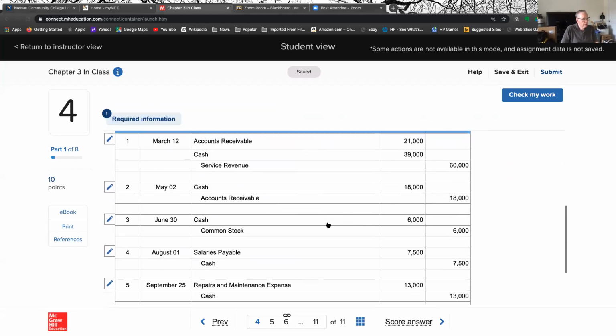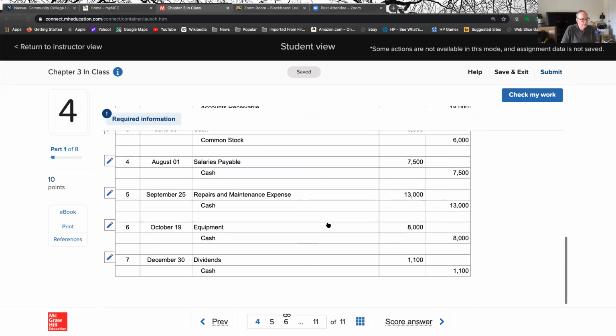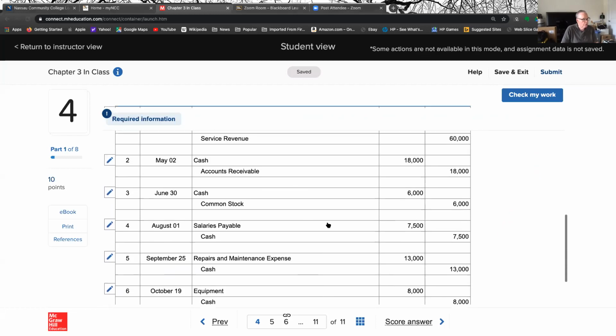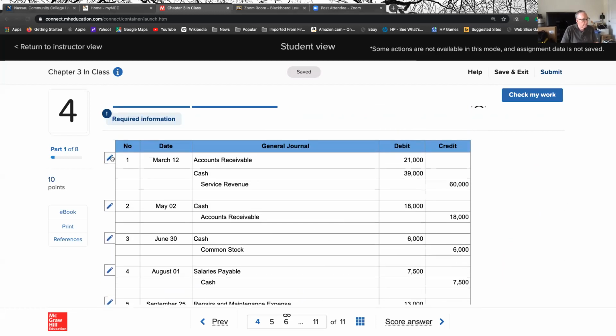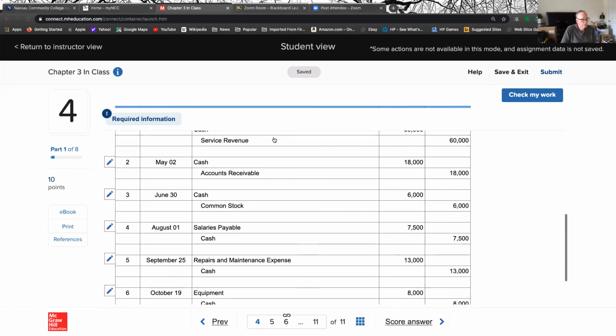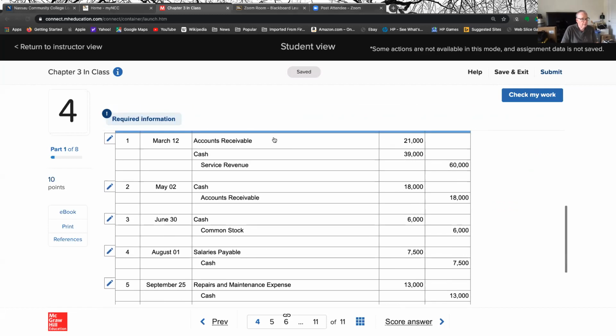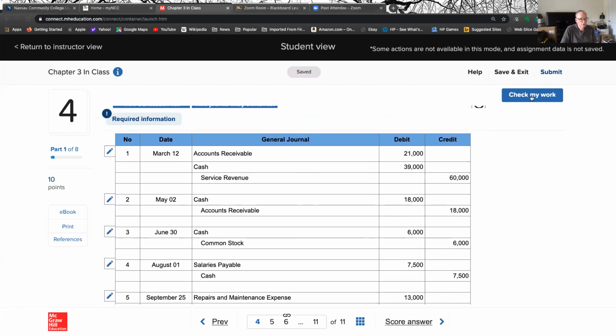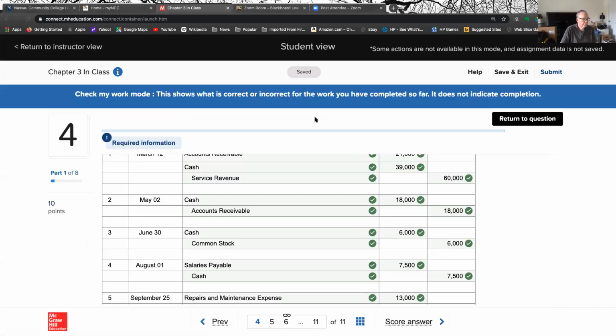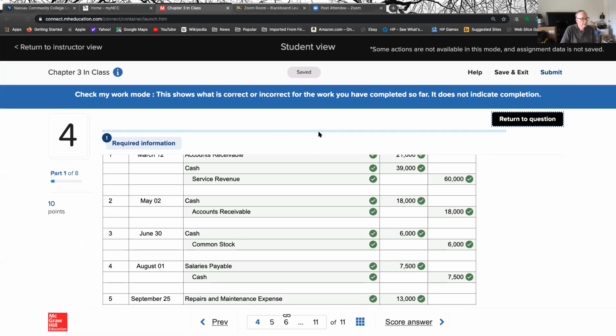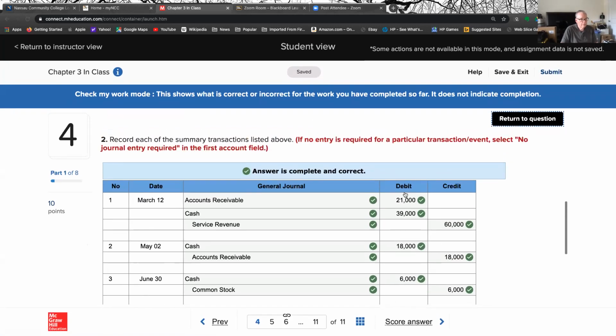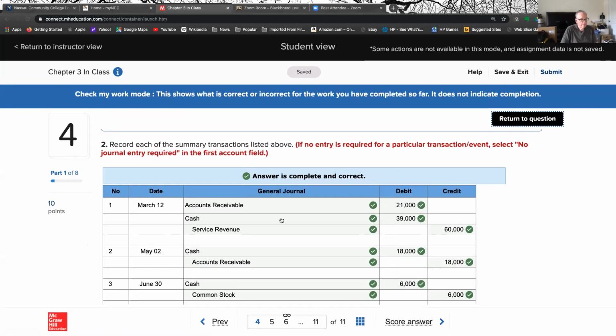All right, so now go back and take a look and see if there's anything you want to change, right? If you want to change something, you can see the little pencil here that allows you to edit. But if you're satisfied that you're right, do check my work. And then look for your green check marks.